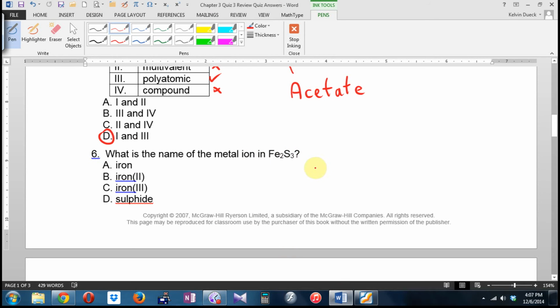That means in terms of negative charges, I have a total of 6 negative. That means in terms of positive charges, I have to have a total of 6 plus. Now, how many irons do I have? 2. I have to have a total of 6 plus. I only have 2 irons. That means each one of them has to be worth 3 plus. This is going to be iron 3 sulfide.